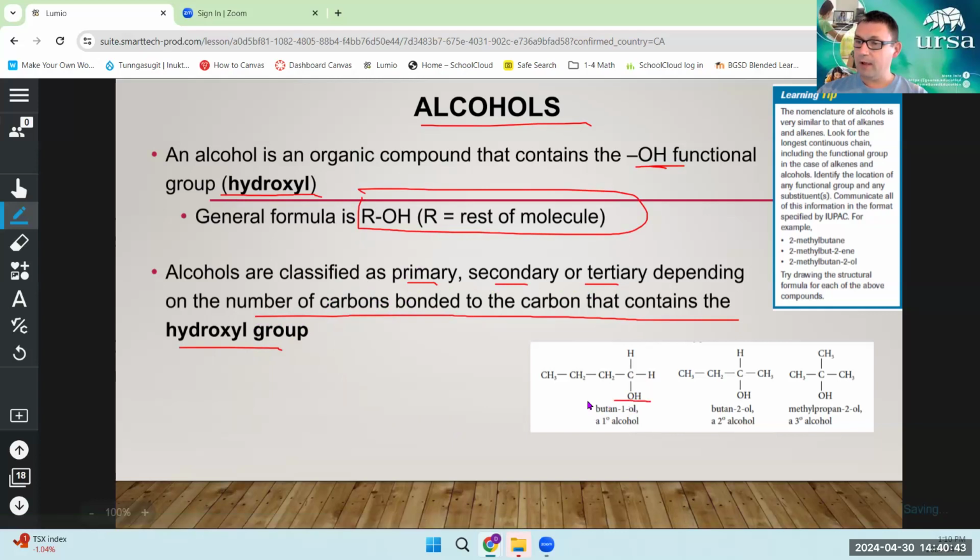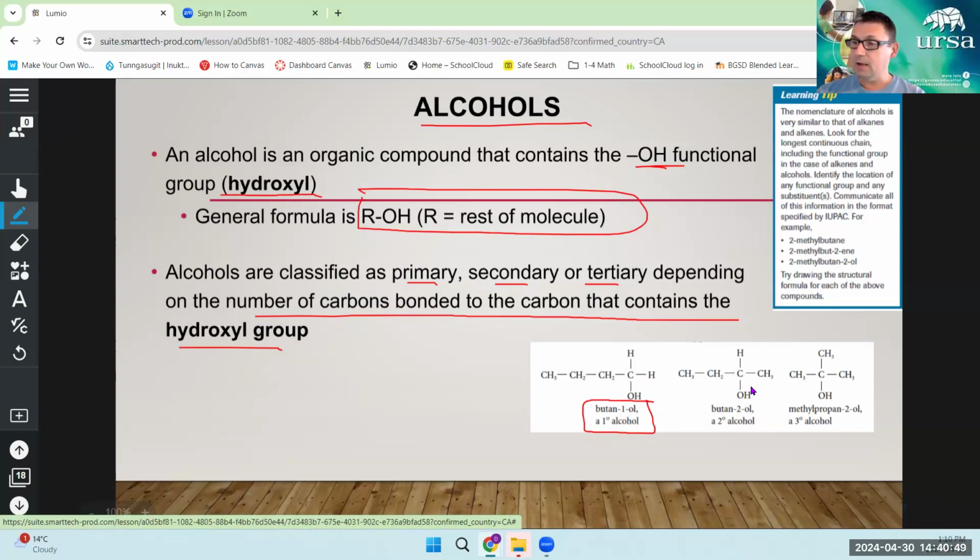This is a primary alcohol. It's at the end. There's only 1 carbon attached to it, this carbon. It's secondary if you have a carbon on either side, such as here. So this is butan-1-ol, butan-2-ol, 2-methylpropan-2-ol, 3 carbons. Therefore, a tertiary alcohol versus secondary versus primary.